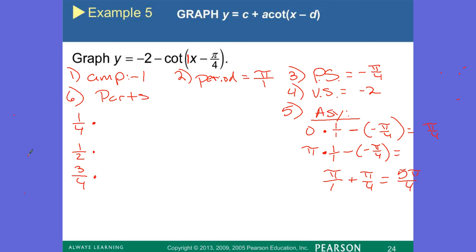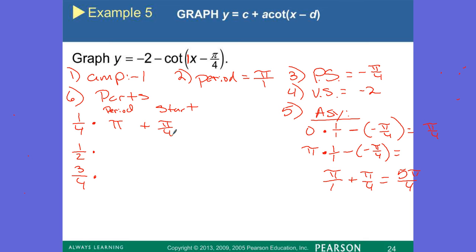All right, so I multiply by what? What am I multiplying here? Period. My period is going to be pi. Now, plus start. Okay, it's going to be pi over 4.